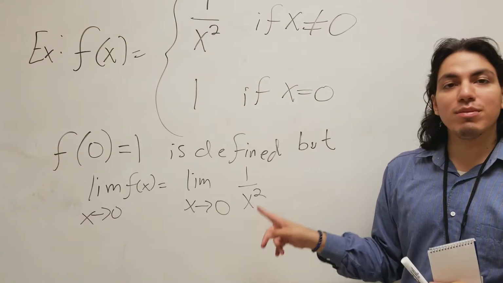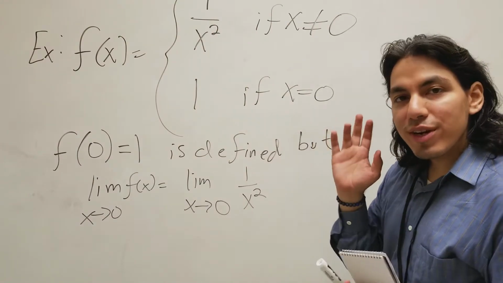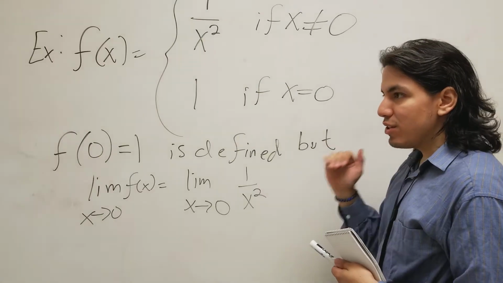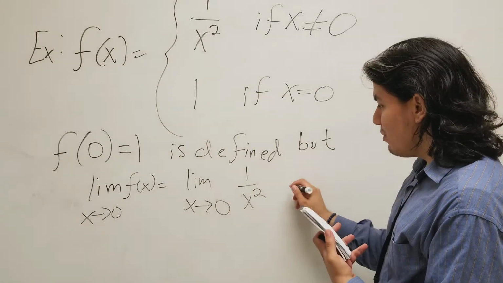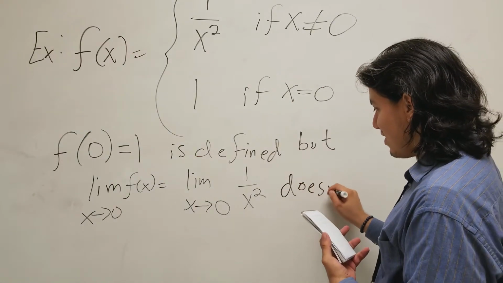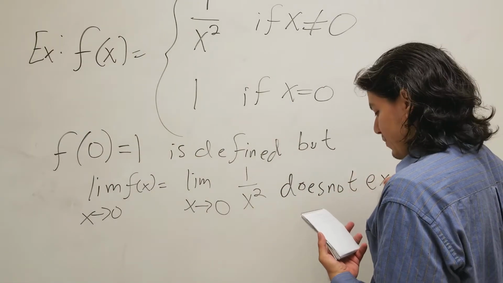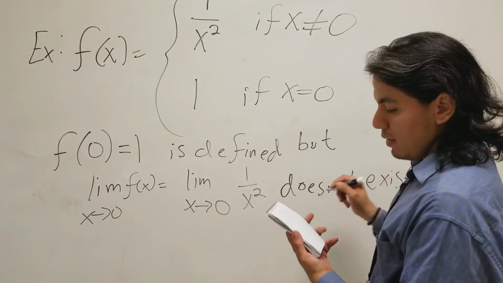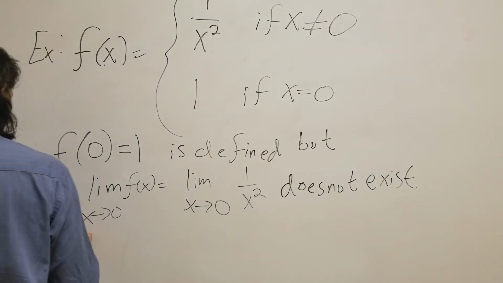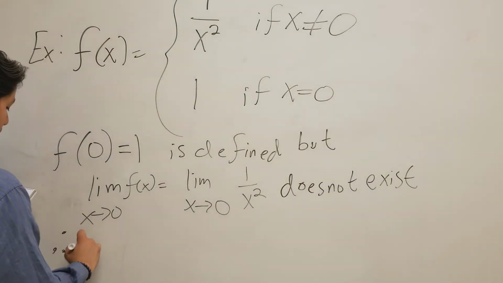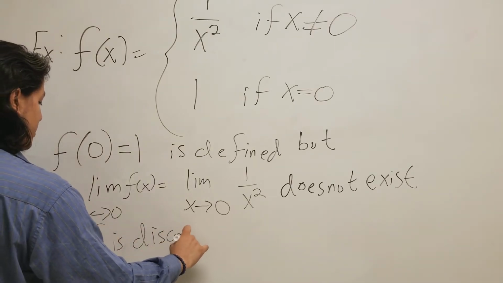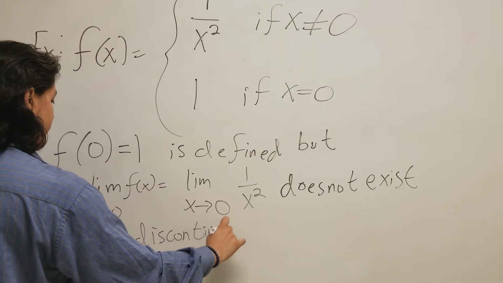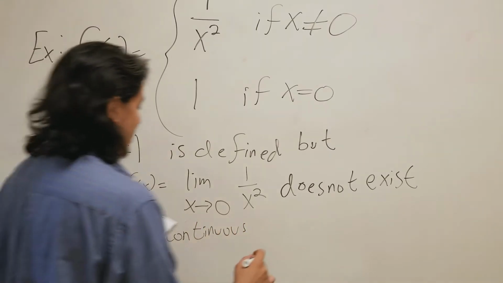This function becomes undefined, and we already know whenever we have a 0 in the denominator, it becomes undefined. That means this function's limit does not even exist. Therefore, f is discontinuous at 0.